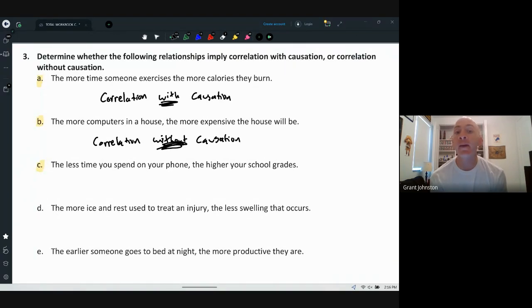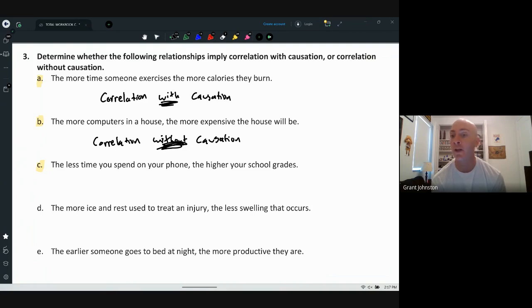If you have an expensive house, more than likely you're going to have more computers in your house than in a less expensive house. That's just because people with more expensive houses probably have more disposable income, are richer, and can afford more computers. They probably have more rooms, more tablets, more whatever. They're going to have more computers in their house.